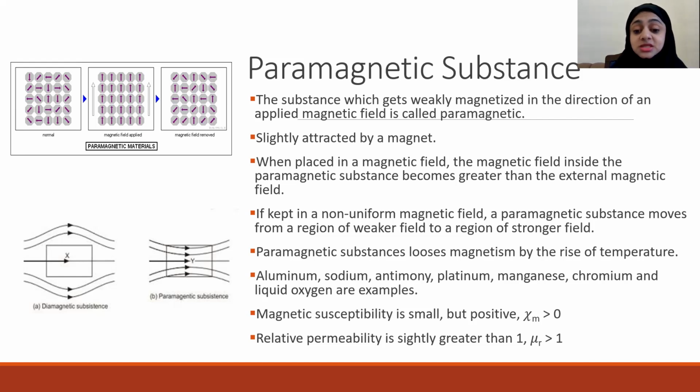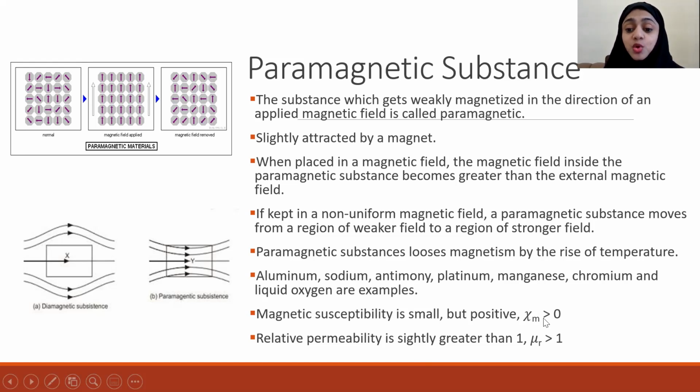And the magnetic susceptibility is small but positive. So what is susceptibility? It is I by H, where I is the intensity of magnetization produced inside the material and H is the intensity of the applied magnetic field. So it is positive and it is small.